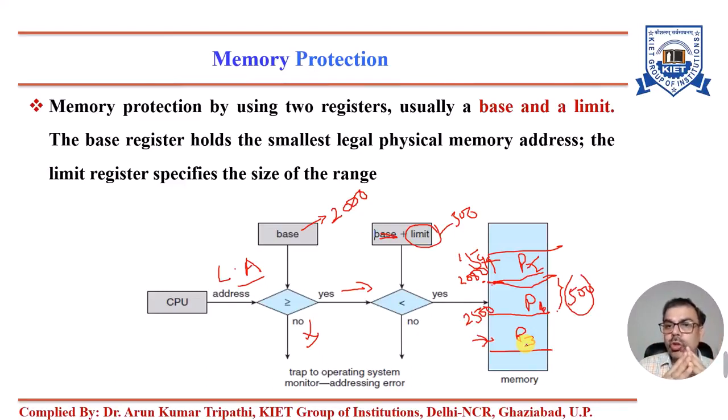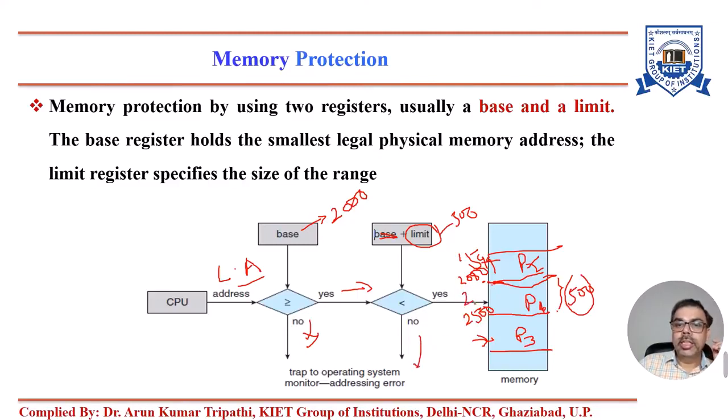So this should not be allowed. That means the address generated by the CPU must reside between 2000 and 2500. So it will check the value. If it is lesser, then it will search for the address, otherwise trap.